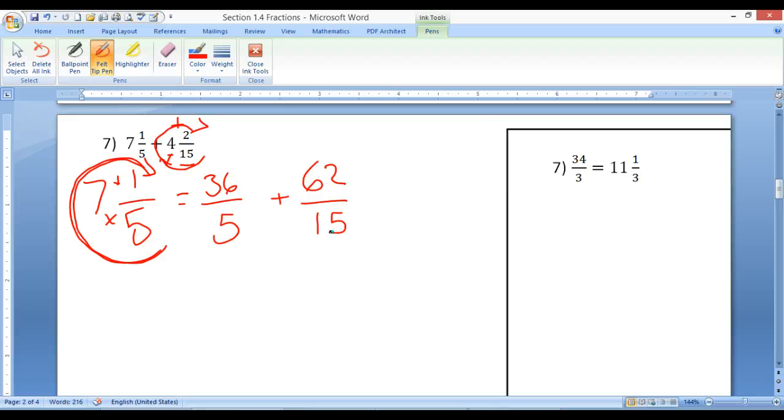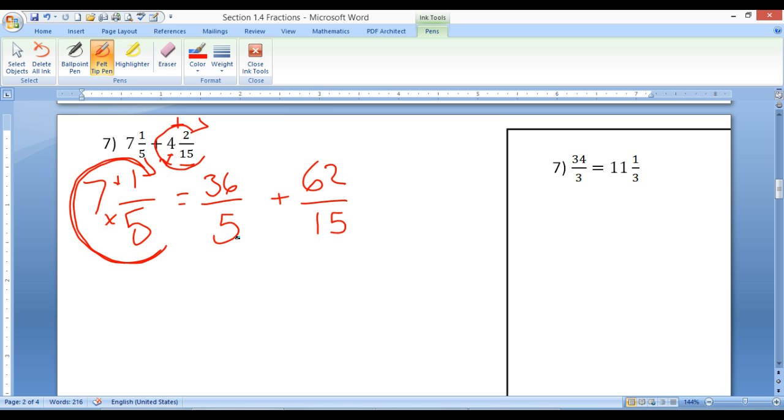In this one, it's actually pretty nice because 5 will go into 15 evenly, then this one is the lowest common denominator, 15. So I just need to multiply my first fraction by the number that will make the bottom, or the denominator, 15, which is 3.